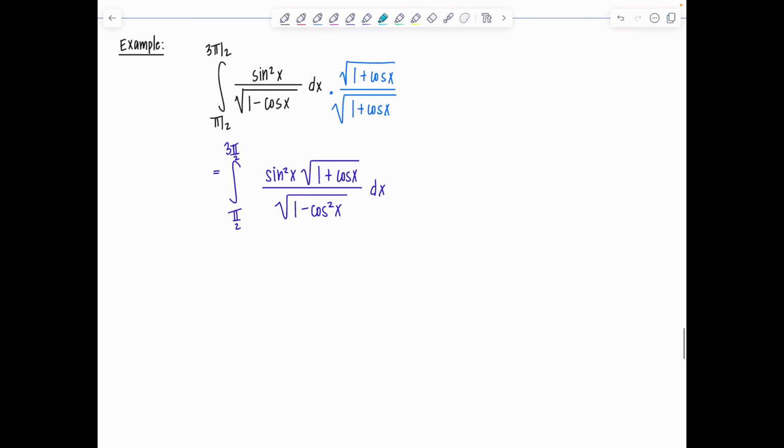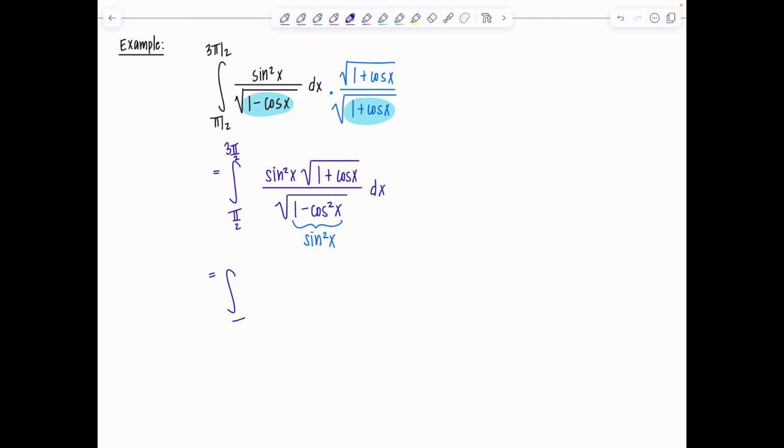So keep in mind, when you have conjugate pairs and you multiply them, you get a difference of squares. And the whole reason I want this to happen is because now I can use my lovely Pythagorean identity and replace 1 minus cosine squared x with, you got it, sine squared x. But this is where things get spicy.